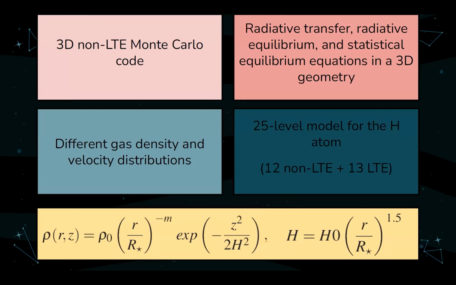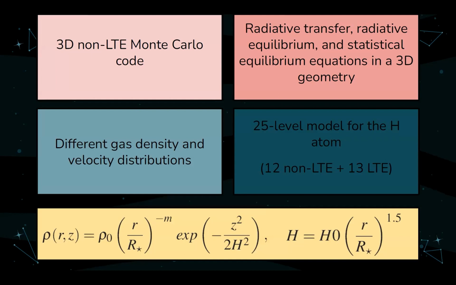This code is a non-LTE Monte Carlo code that allows us to solve the radiative transfer, radiative equilibrium, and statistical equilibrium in 3D geometry. You can put in different gas distributions, different gas density and velocity distributions, and it works with a 25-level atom for hydrogen.